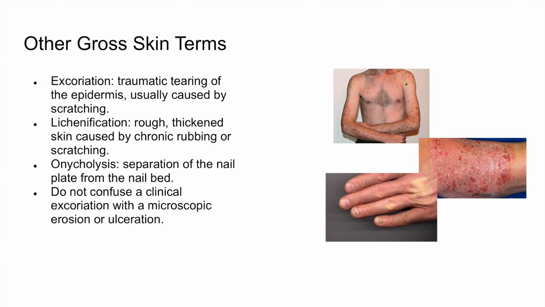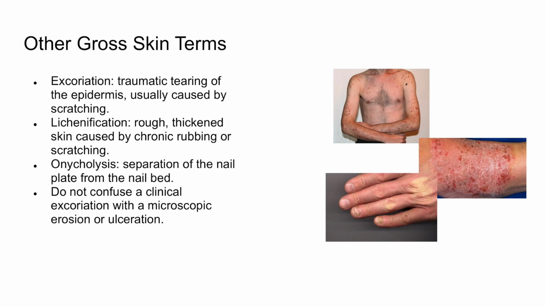Repeated rubbing or scratching may eventually produce lichenification, in which the skin becomes thick, rough, and leathery with exaggerated skin markings. And then we have onycholysis, sorry if the pronunciation there is wrong, but onycholysis describes separation of the nail plate, freaking disgusting, from the underlying nail bed, and can occur with conditions such as psoriasis, trauma, or fungal infection.